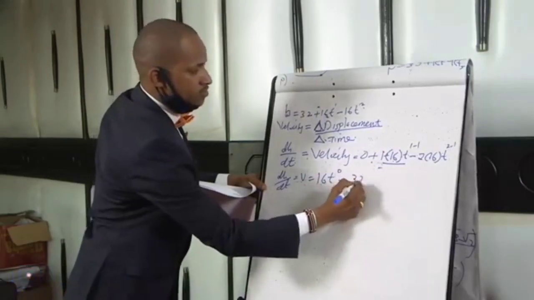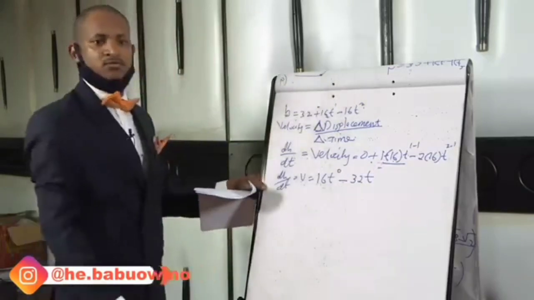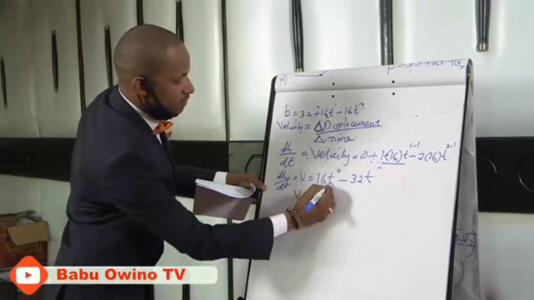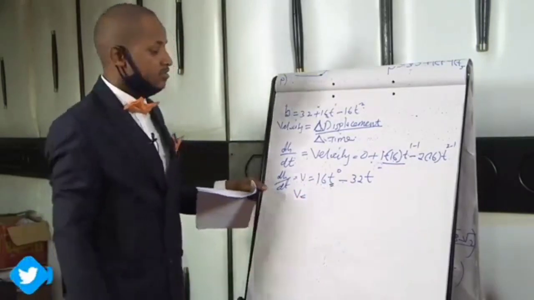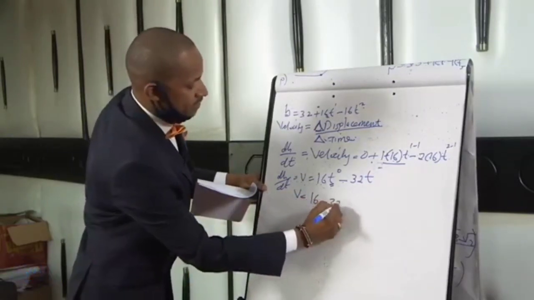minus 32t raised to power 1, which is still the same as 32t. Any number or letter raised to power 0 is 1. Therefore, velocity is 16 minus 32t.